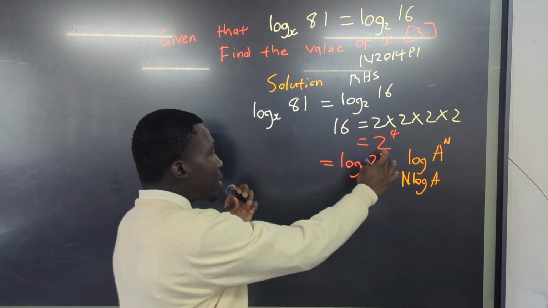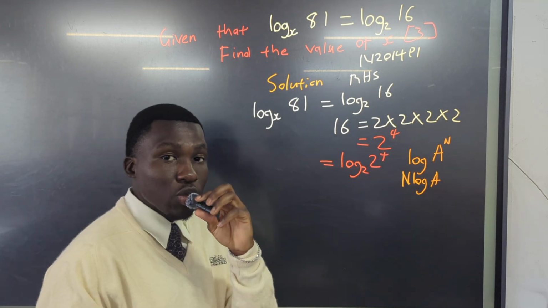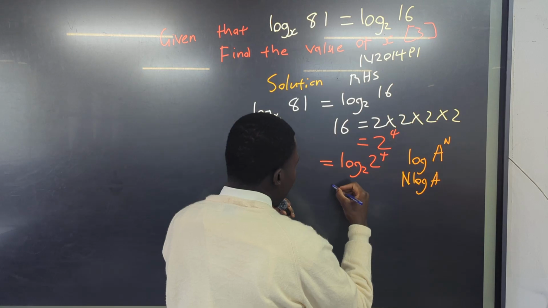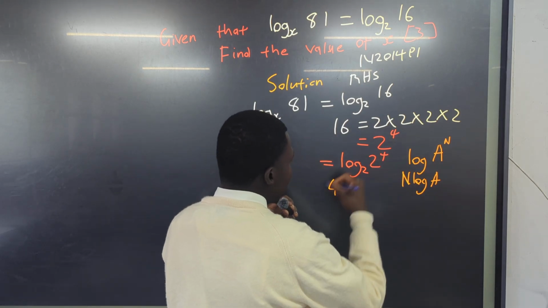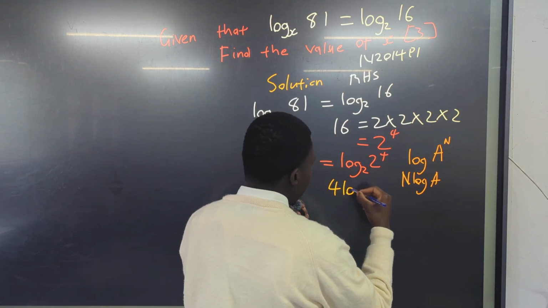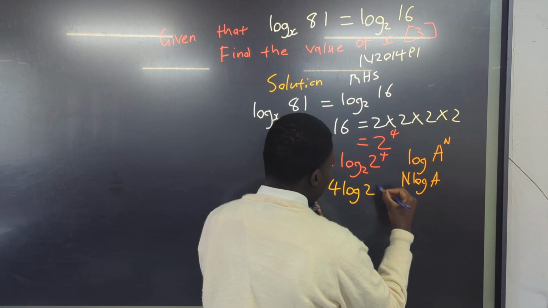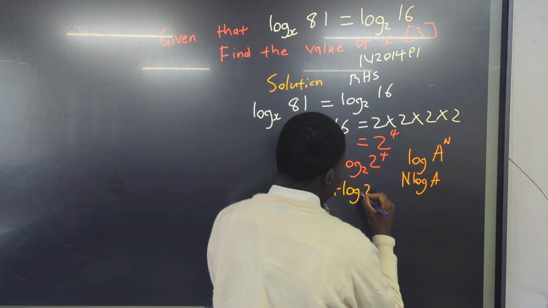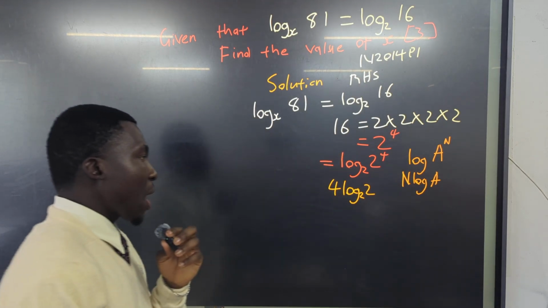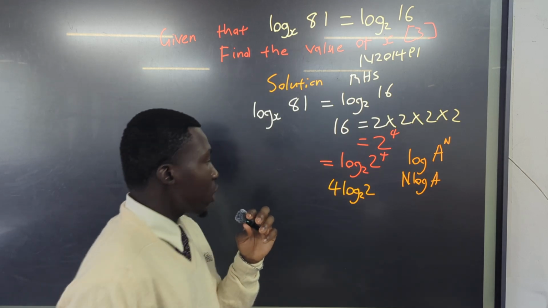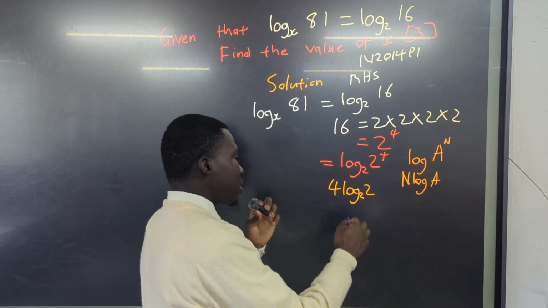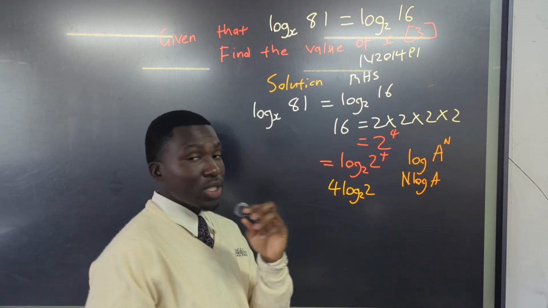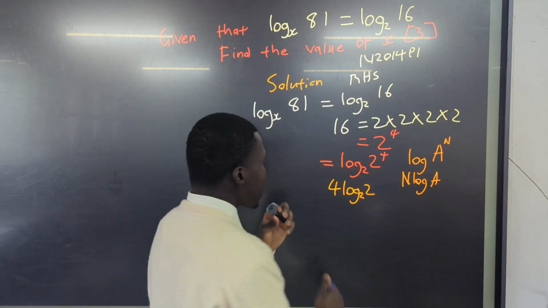Our power here is 4, so we place the 4 before the log, so it becomes 4 log 2 base 2. But when you are given the same base and the same argument, this equates to 1.